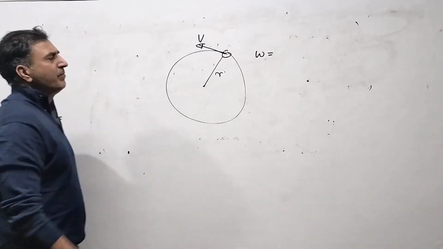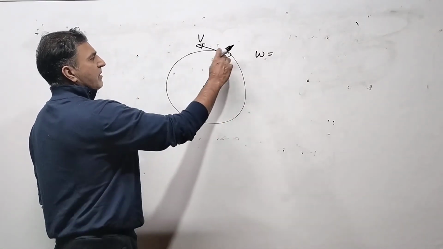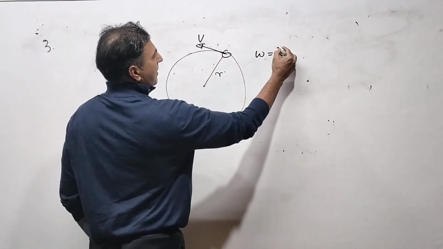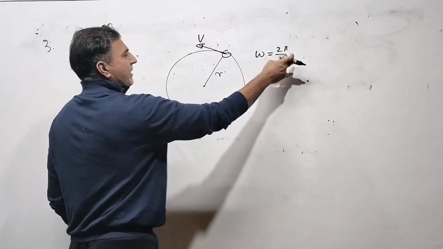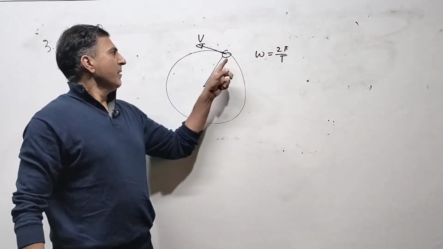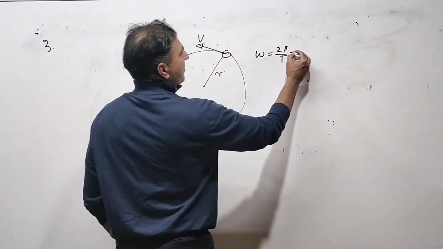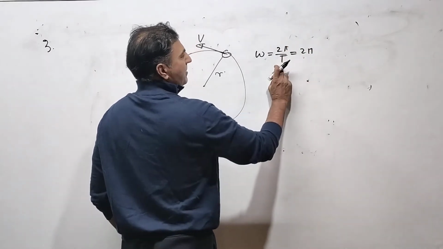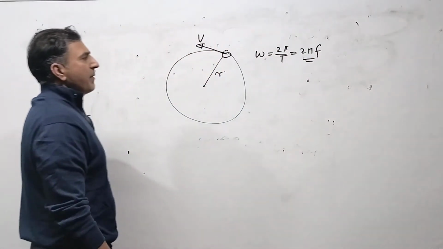When it moves in a complete circle in one rotation, it will traverse an angle of 2 pi in time period T. This is also angular velocity, theta by time. Angle subtended when it makes a complete revolution is 2 pi. Time taken to complete one revolution is T. And that can also be written as 2 pi times 1 by T, where 1 by T is frequency f. This is also the equation for omega.